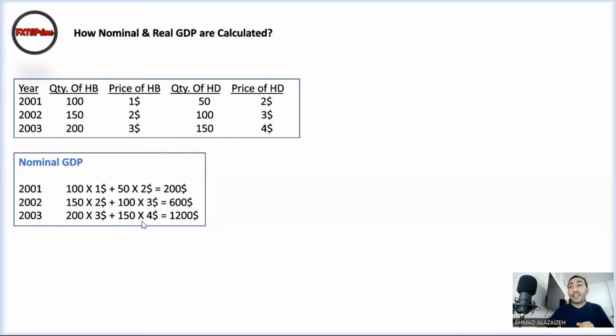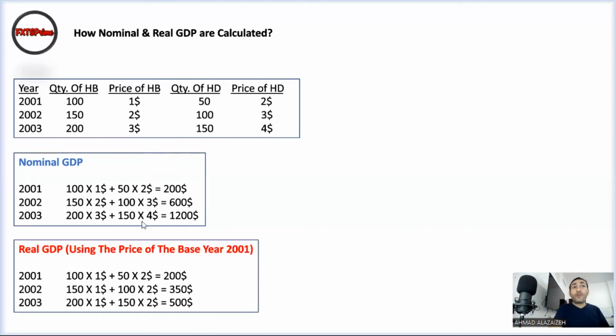So to do that, we calculate something called the real GDP. And this is what we are interested to see, the real GDP. Okay, so the real GDP is calculated by using the prices of the base year. So let's see how this is calculated.